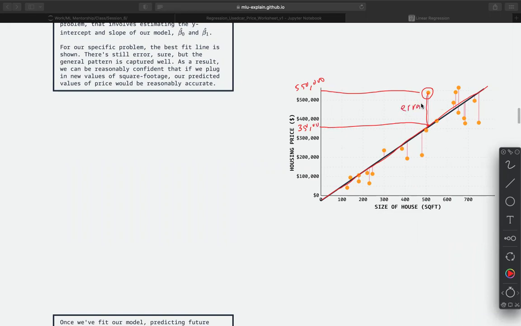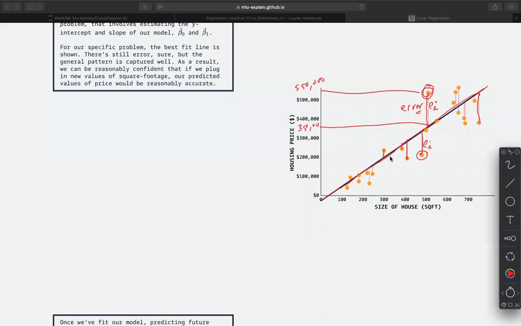That's basically the error for this specific data point, Ei. Similarly, you could draw a perpendicular line from the data point to the line. Those perpendicular lines would depict the errors. Some errors are positive, some are negative. In this case, the price is underestimated. In this case, the price is overestimated.